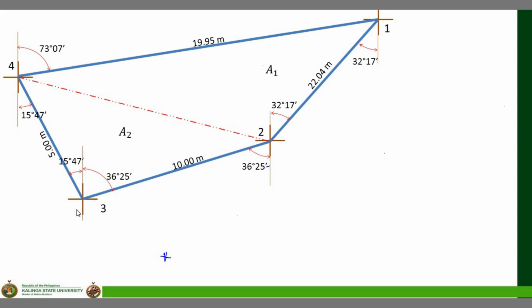The same with station 4 and station 1. At station 4, that is 73 degrees 7 minutes. By vertical angles at station 1, that is also equal to 73 degrees 7 minutes. Okay with the vertical angles I placed here? Do we understand?